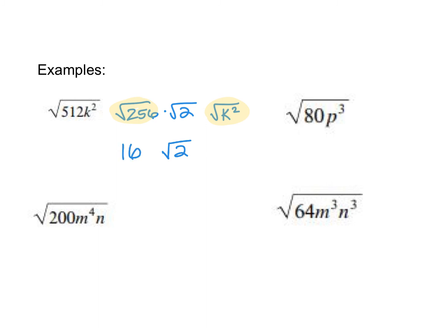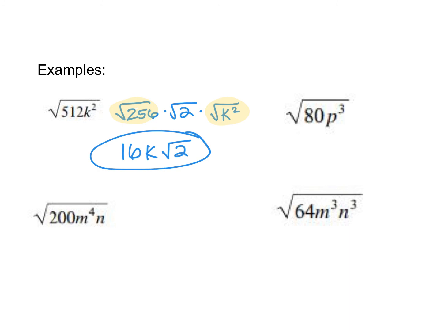The square root of k squared is k. So this all becomes 16k square root 2. It's a little bit tricky to look at, but that's what we want to do with that. We want to break it into perfect squares and then find a way to make our exponent perfect also.